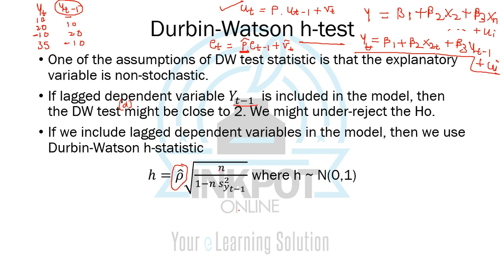n is the number of observations. This thing, s squared of yt minus 1: remember that we are including a lagged dependent variable, so it is basically the variance of this parameter.